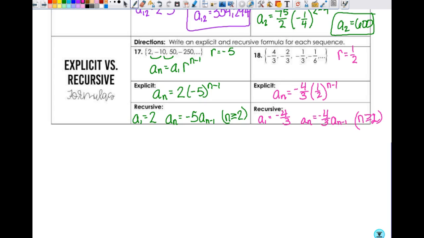What questions do you have? Wait. What did I do? Did I do it wrong? R is 1/2 because I'm dividing by 2 each time, basically multiplying by 1/2. 4/3 times a positive 1/2 is going to be 4/6, which reduces to 2/3.